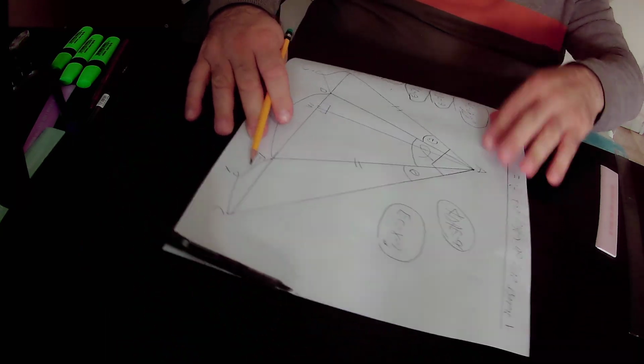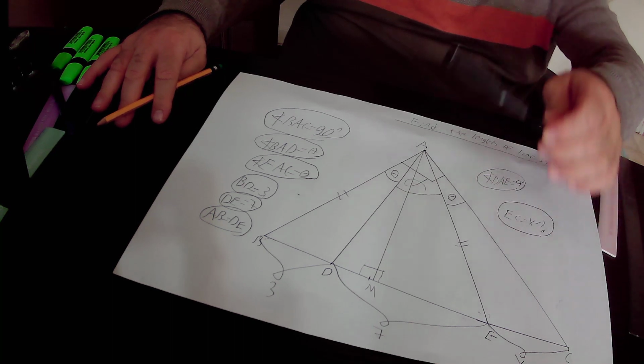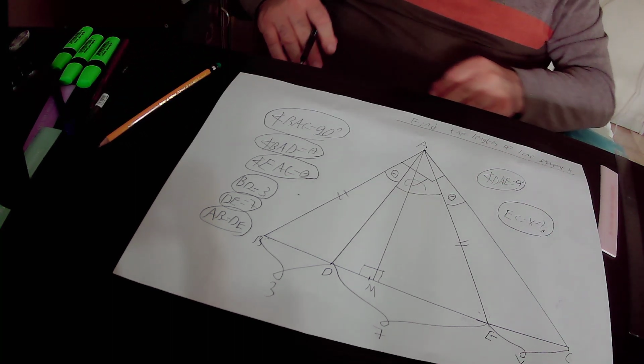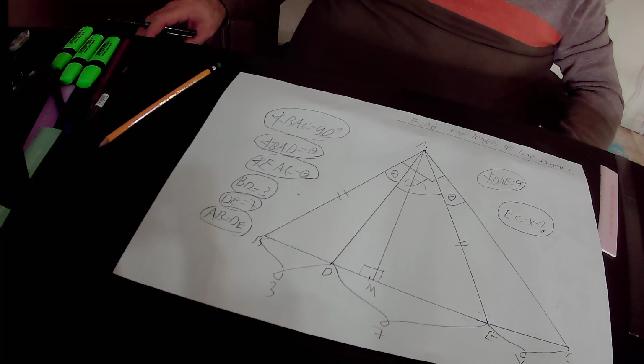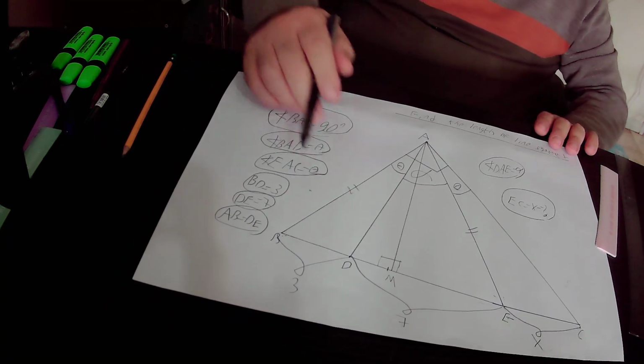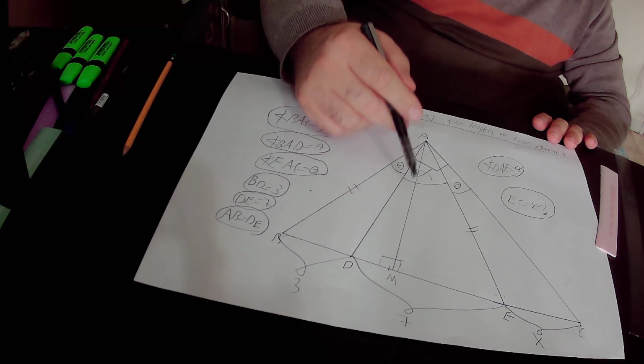So what is the area of triangle BAD? The area of triangle BAD equals the base BD times the height to the base, that is AM.